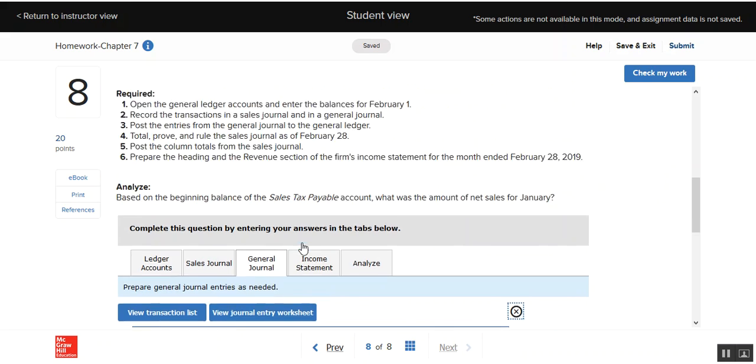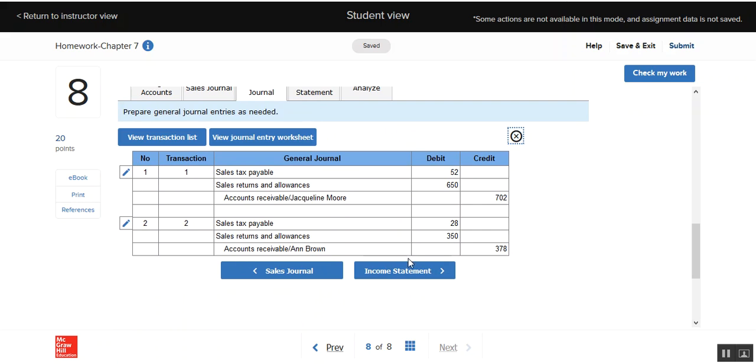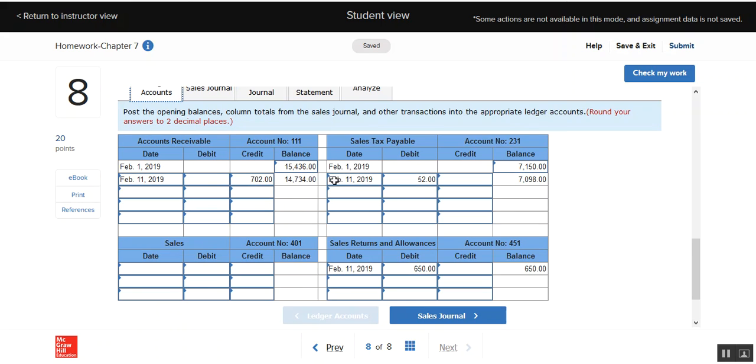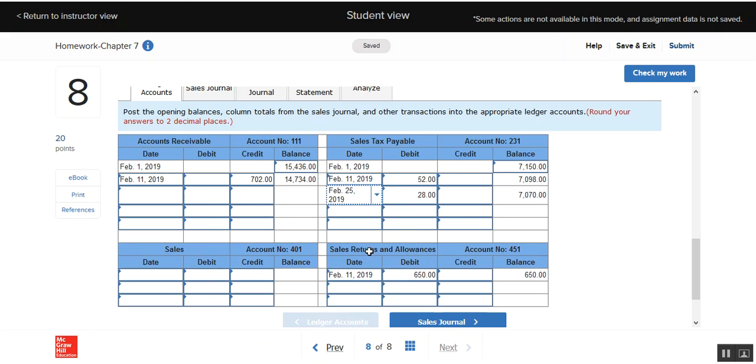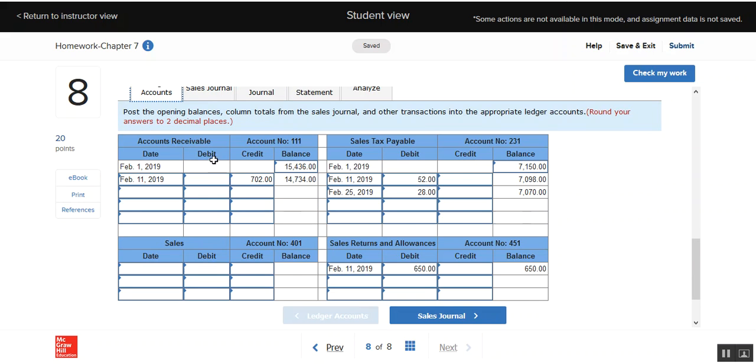transaction. So then on the 25th, I think I said, yeah, on the 25th, we've got the second entry, sales tax payable is debited $28. On February 25th. We got sales returns and allowances debit $350.